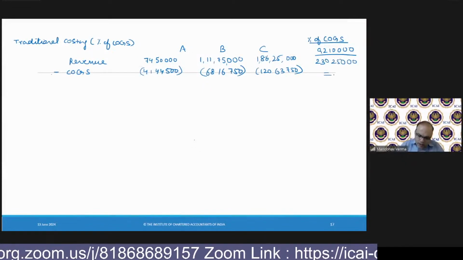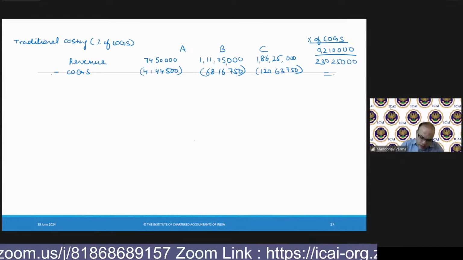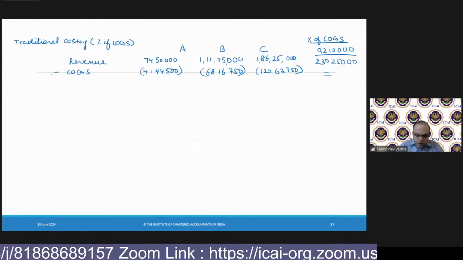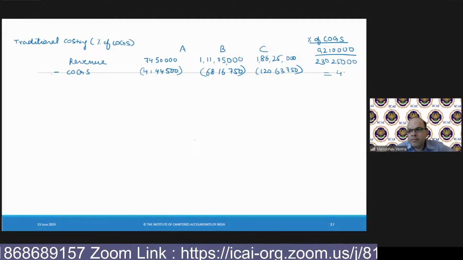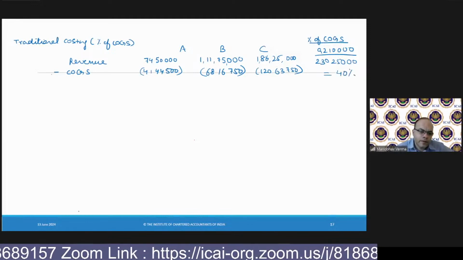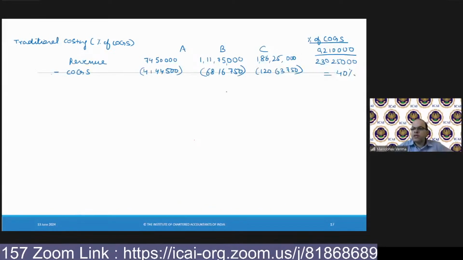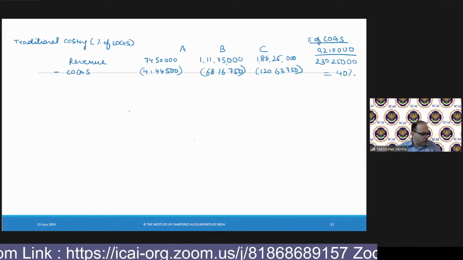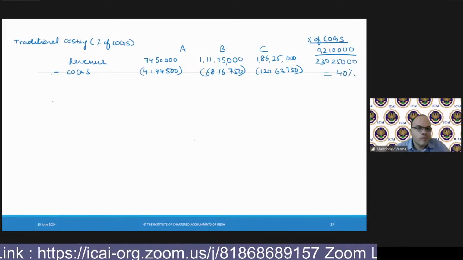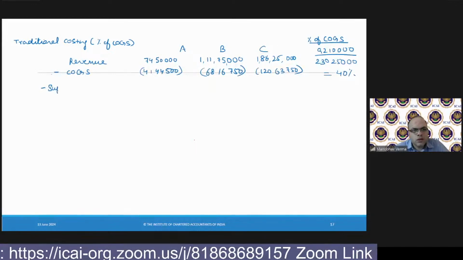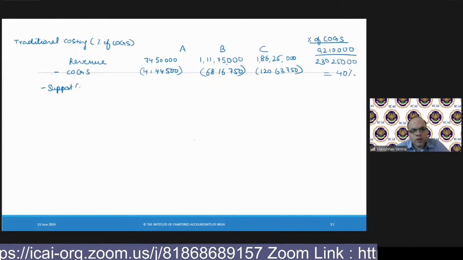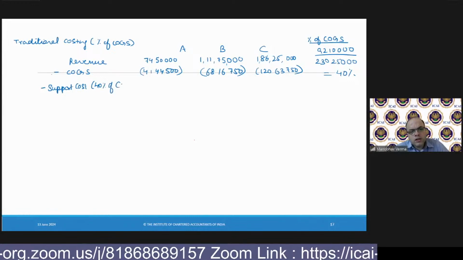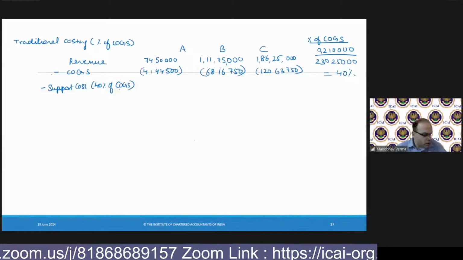So as a percentage here, I'm getting 40%. Are we all allocating this as 40% for the traditional costing? So this is our working we need to know, guys. So support cost will be 40% of COGS. That's the traditional method which is given to us.